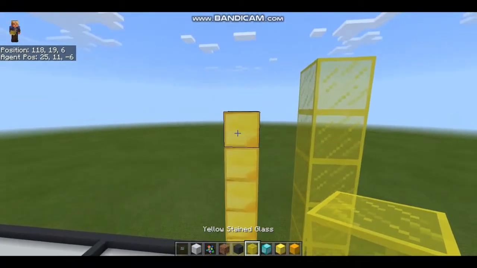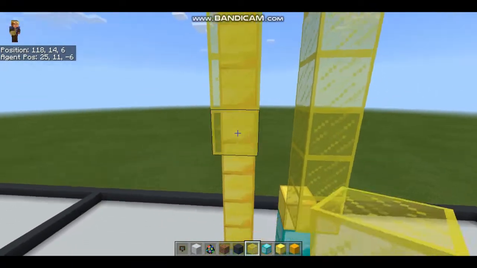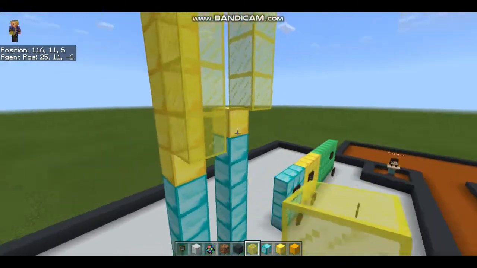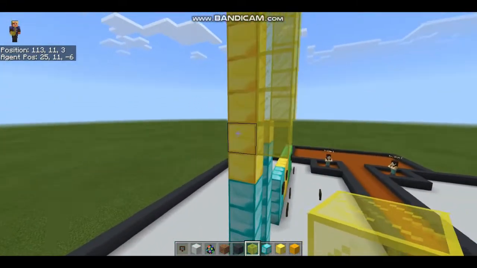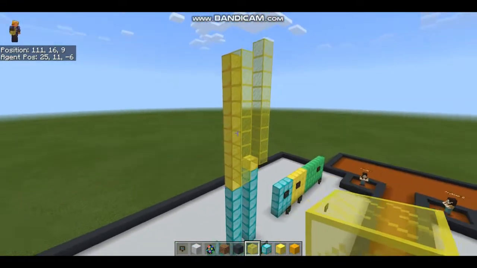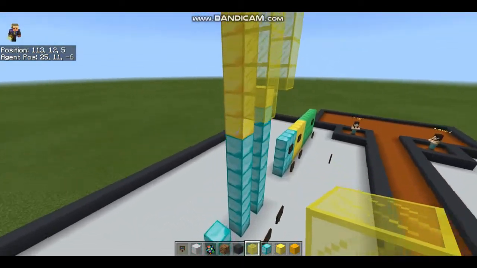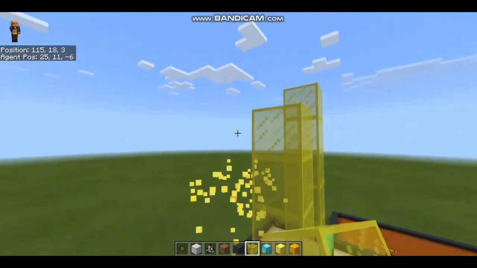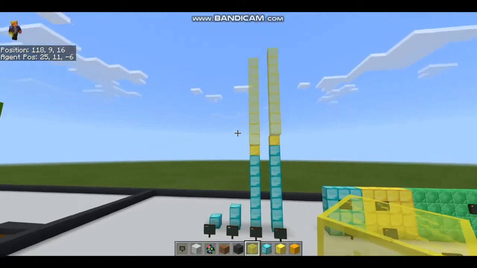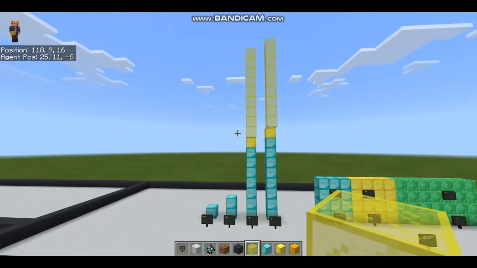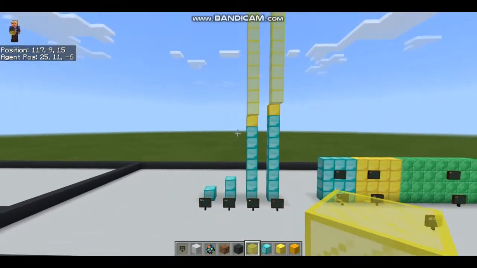Now we can subtract 9. So take the glass and subtract 9. And now we have 17 minus 9. And then we're going to break the glass behind it all. And we have 8 left over. So whatever this problem is, it's going to end with a 98.